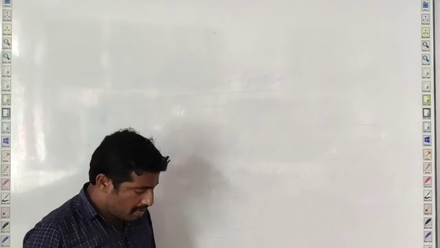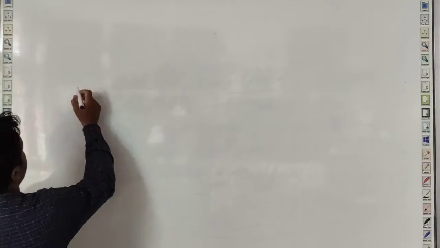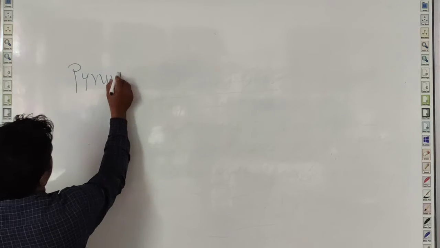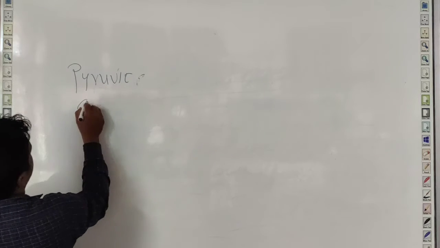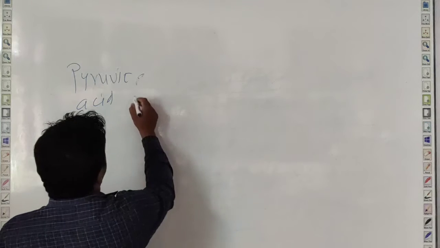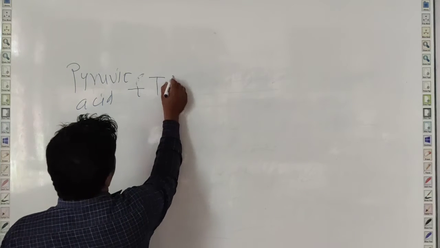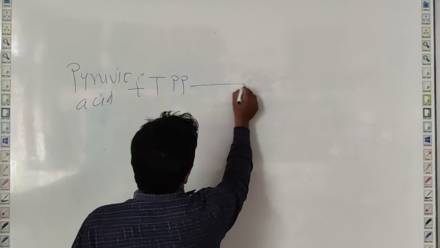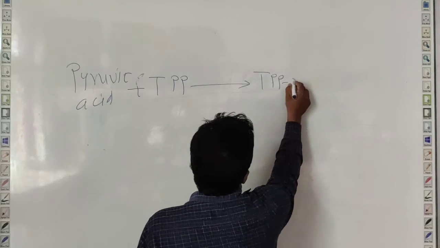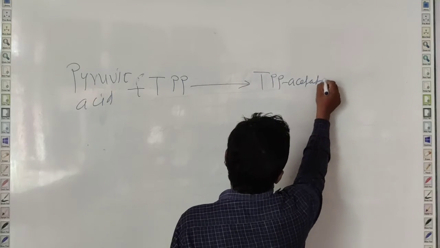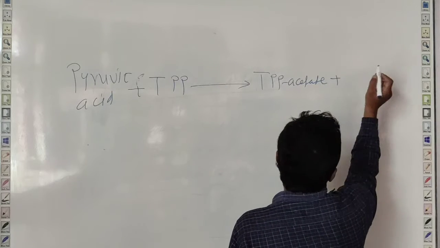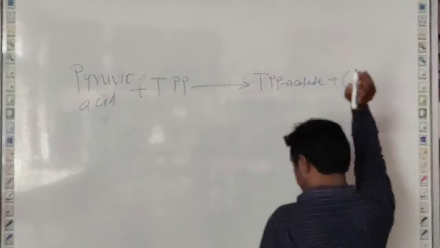Now here, pyruvic acid reacts with thiamine pyrophosphate, that is TPP, and it forms TPP acetate, and one molecule of carbon dioxide is released here.